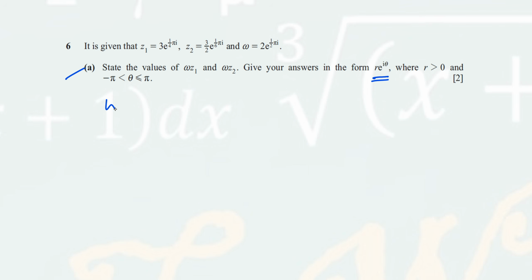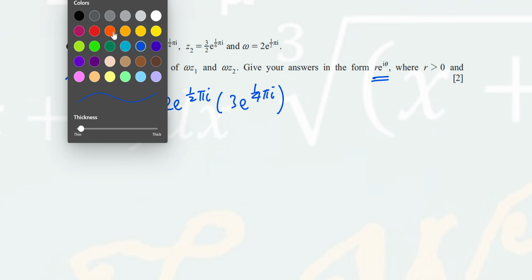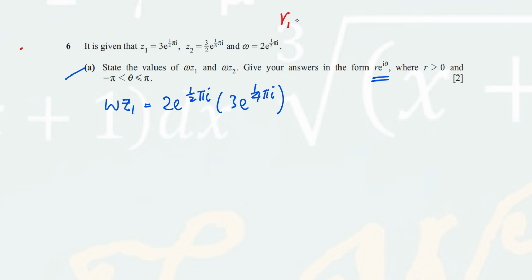Okay, so now from here, w z1. It is 2e^(1/2 πi) multiplied with 3e^(1/4 πi). So we have a formula here. Complex number 1 times complex number 2, where both are in Euler form, my final answer is r1 times r2 exponential i(theta 1 plus theta 2).